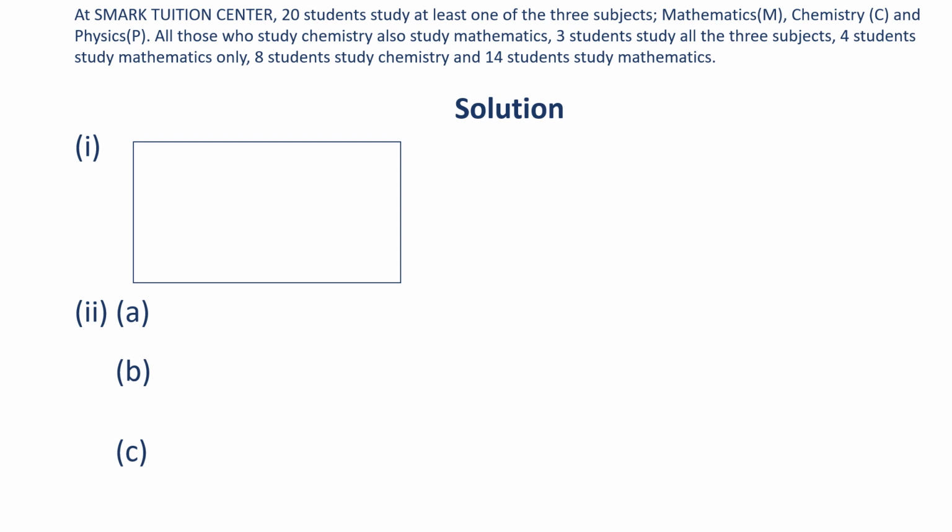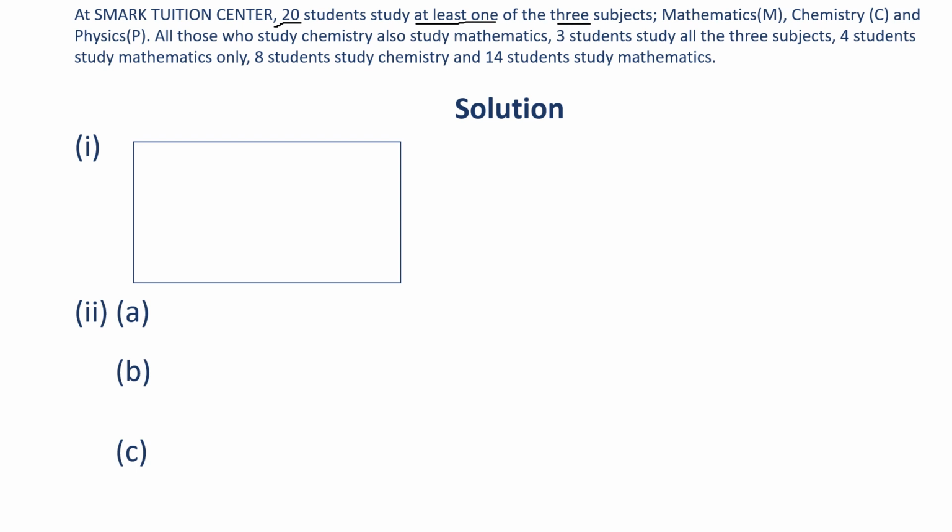At SMARK Tuition Center, 20 students study at least one, meaning all the 20 students study at least one of the 3 subjects. There is no one who's not studying any of them. All the 20 will be under the 3 sets, no one will be outside.